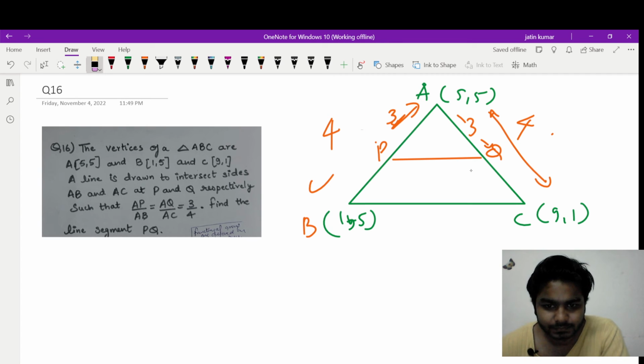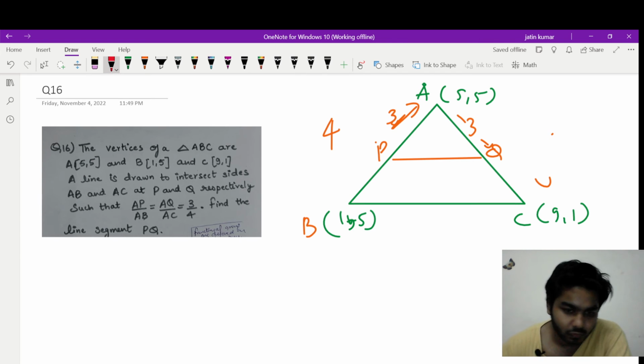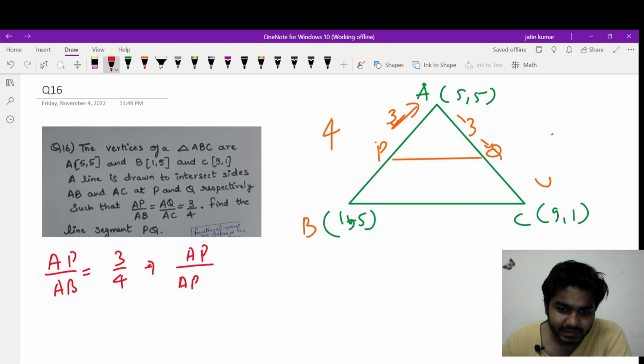So we are given this upper part upon whole as 3 by 4, so AP upon AB is 3 by 4. Can I write AP upon (AP plus BP) is equal to 3 by 4, and on cross multiplying, 4 AP is equal to 3 AP plus 3 BP, right?